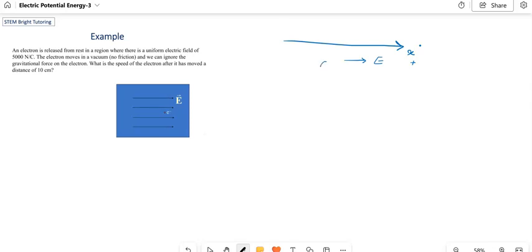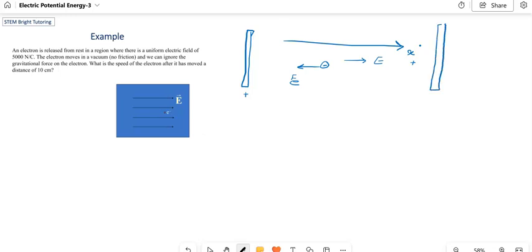So we know that if we release the electron in the uniform electric field, the electron is going to move in the opposite direction of the electric field toward the positive plate of the capacitor that generates this uniform electric field.